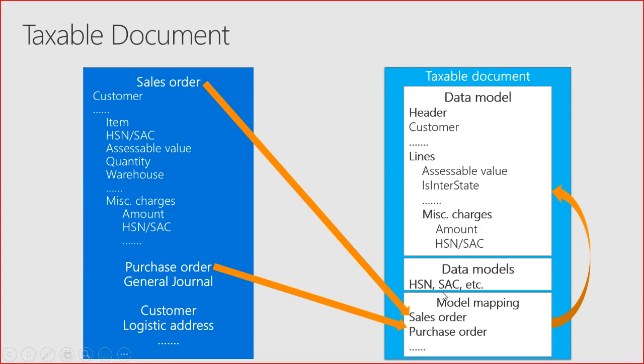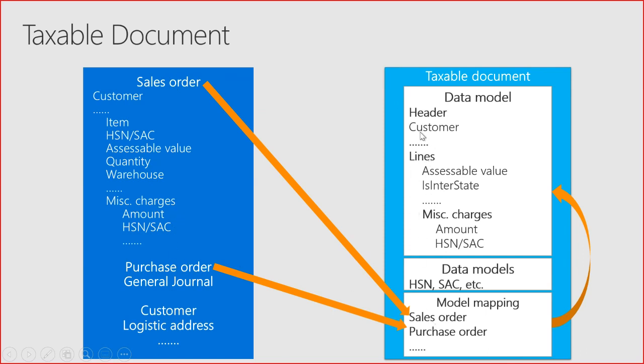And then we have a model mapping for each of the source document types, like sales order, purchase order. Within the model mapping, we maintain some metadata between the fields you have in FinOps, in the sales order, in the purchase order, and the fields you define in the data model.